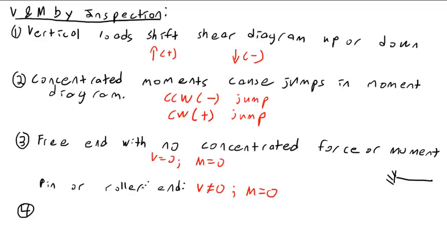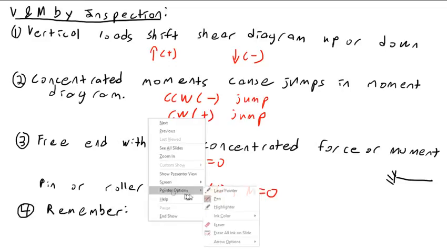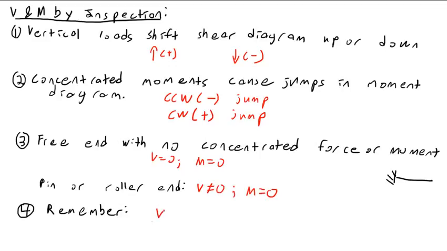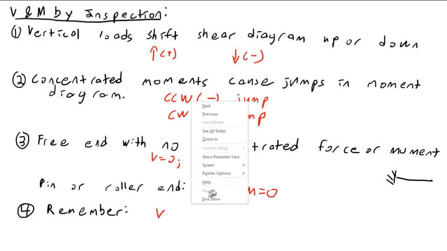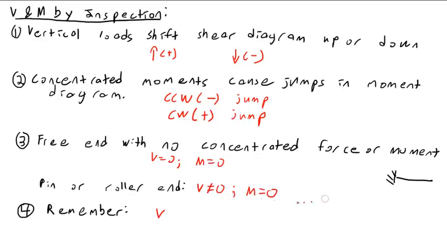Okay, and then finally, we will remember that these are area functions. In general, V is the negative integral of w dx, and M is the integral of V dx.